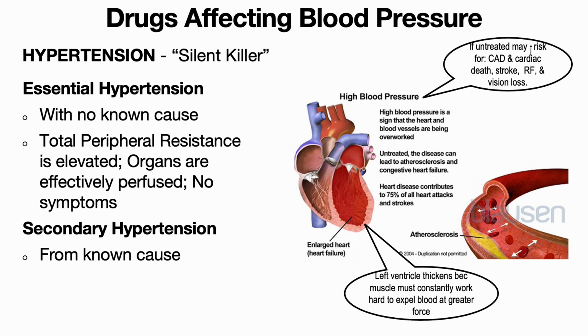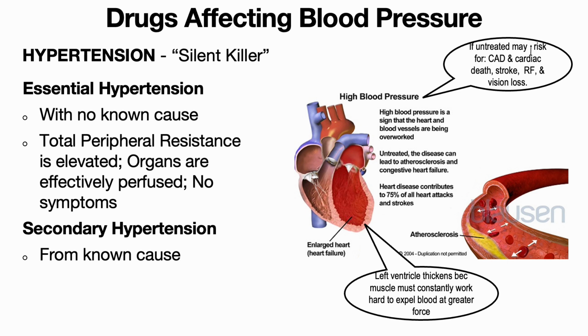So this affects 90% of patients who are hypertensive and is caused by conditions other than those related to renal and endocrine disorders. The secondary hypertension is the one with a known cause. And this affects 10% of patients who are hypertensive and is caused by secondary disorders of renal and endocrine disorders.